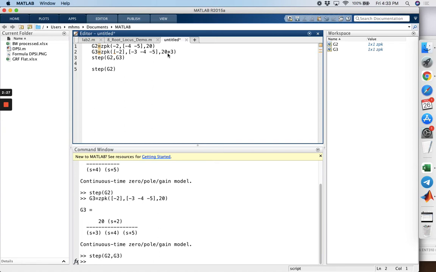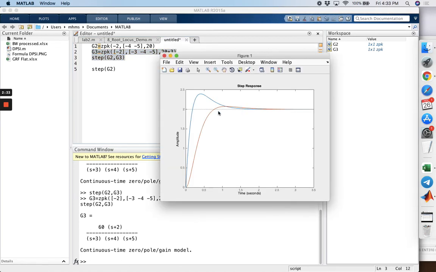When I multiply by 3 and plot the step response again, you can see here the final value becomes 2. So we can now compare these two graphs.